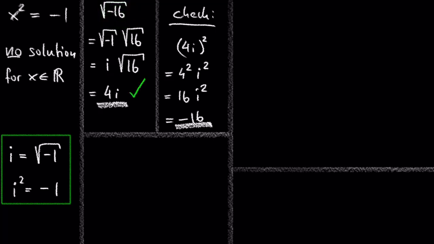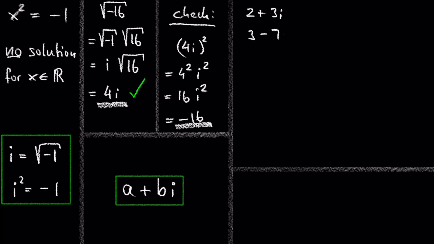In general, we can write complex numbers as a plus bi. Like, for example, 2 plus 3i, 3 minus 7i, 3i, 5, 2 plus i times the square root of 2, or -3 plus 2i.